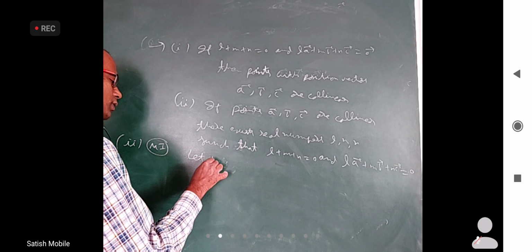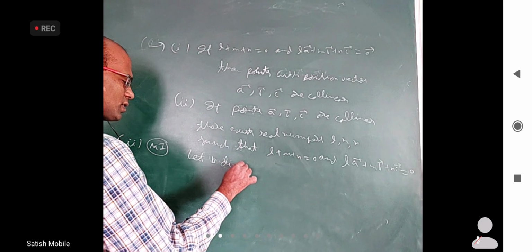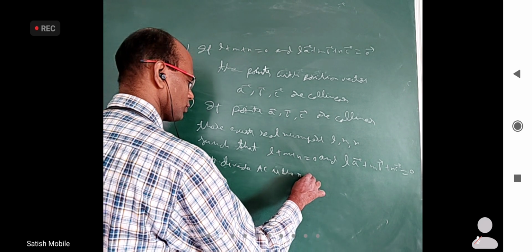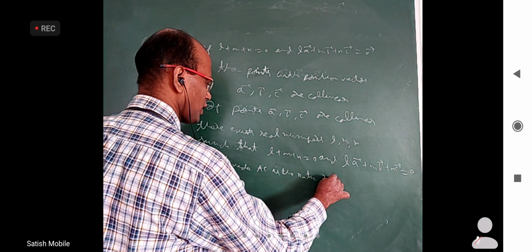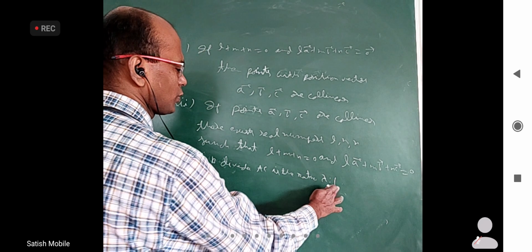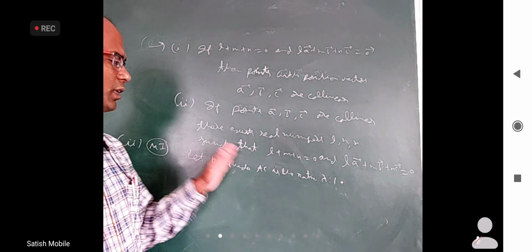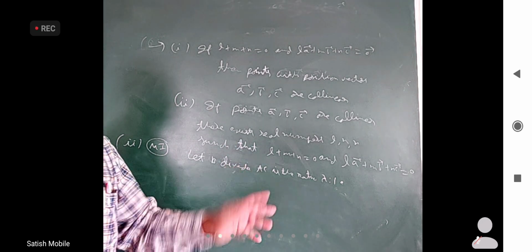Let B divide AC in the ratio lambda is to mu, you can take lambda is to 1, any ratio you take, not an issue. If they are collinear, some point will divide the other two in some ratio, external or internal, doesn't matter.